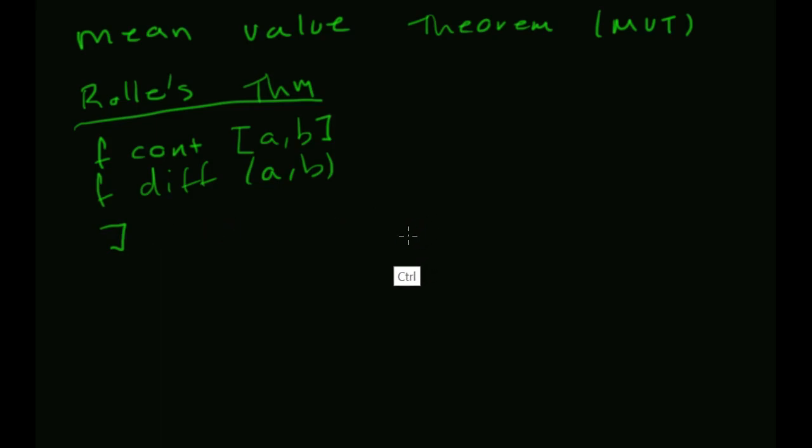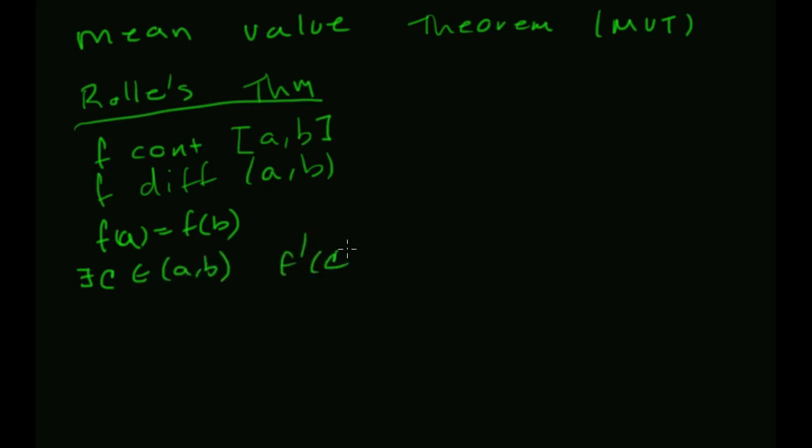We have to have the functional values f of A equal to f of B, and if I have that, then there exists C on that open interval AB where f prime of C has to equal 0.